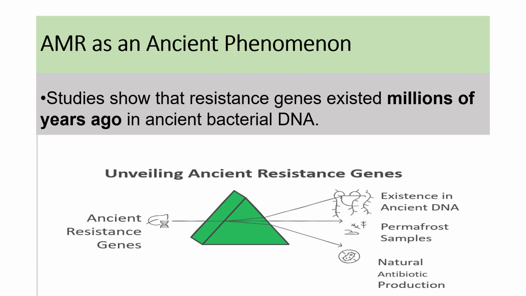Scientists have even found genes for antibiotic resistance in 30,000-year-old permafrost samples and ancient cave bacteria, untouched by modern medicine. This proves that AMR is a natural defense strategy used by microbes to compete in their microscopic world. So, while AMR is ancient, it's our modern misuse and overuse of antimicrobial substances that has made it a global threat and a crisis today.